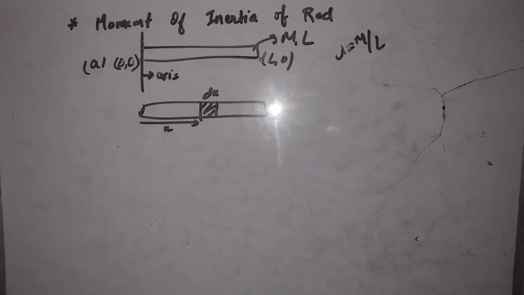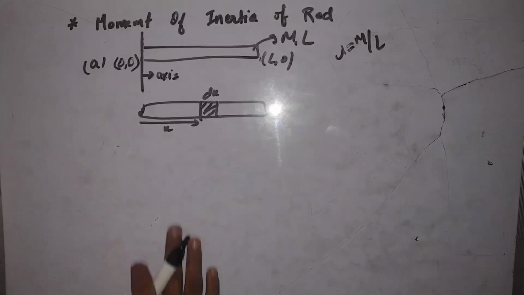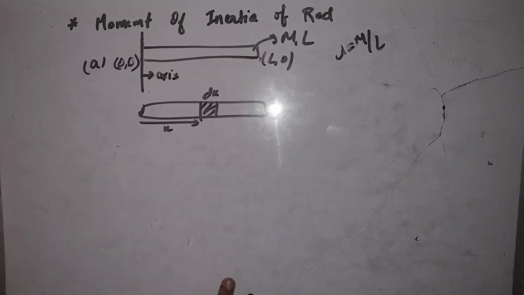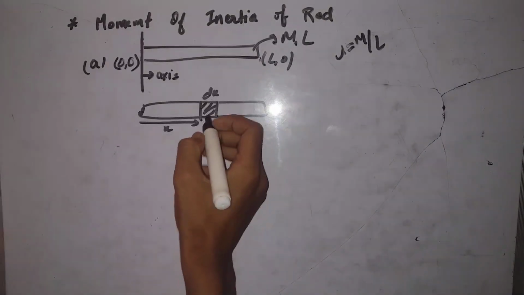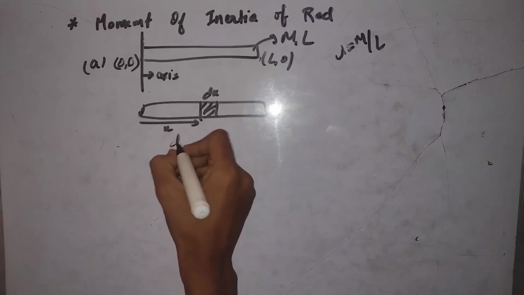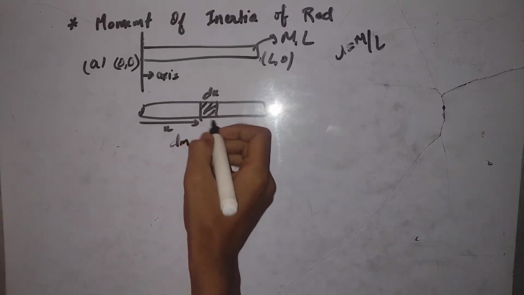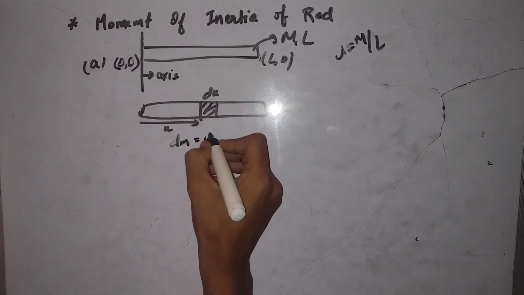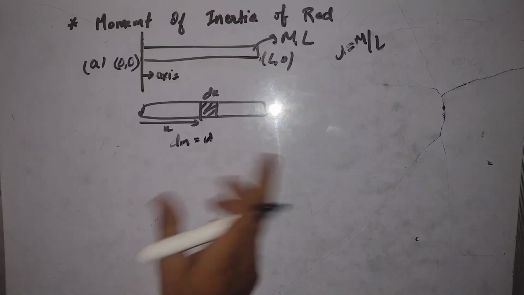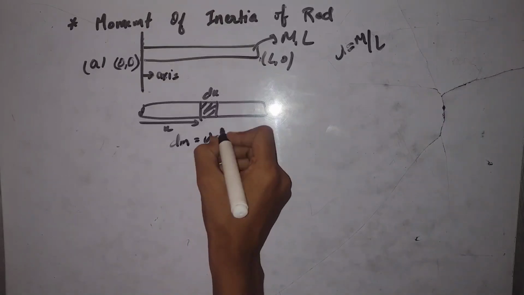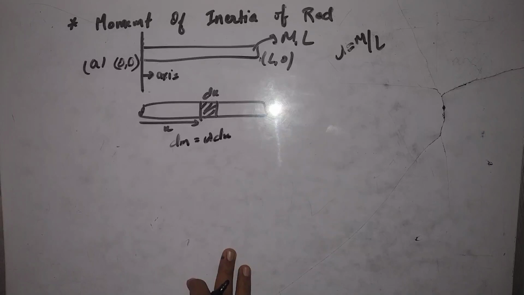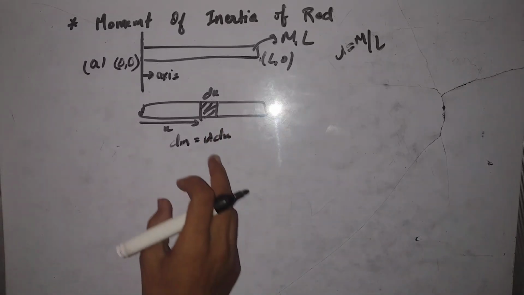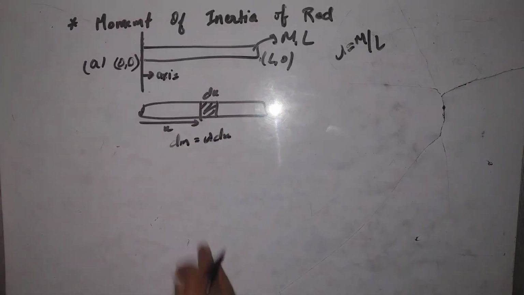That's what we mean by mass density. So we'll cover distance x, take a differential element dx, then the mass of this differential element, dm, would be lambda, the mass per unit length, into the length of our selected segment, so lambda dx is dm.